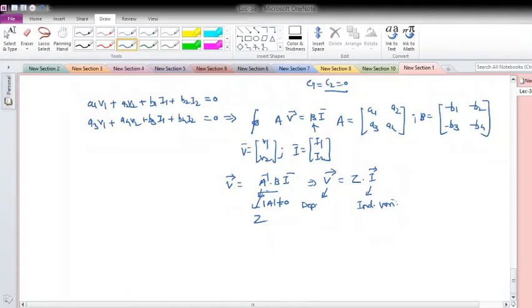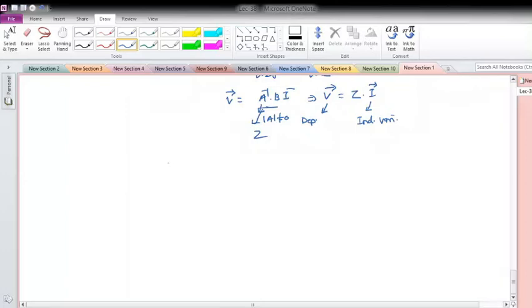So from that, let me write the equations. What are the dependent equations? V1, which is my input voltage or voltage at the input port, will be equal to Z11 I1 plus Z12 I2.